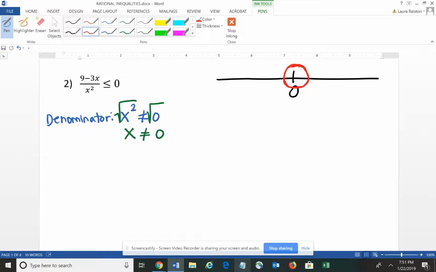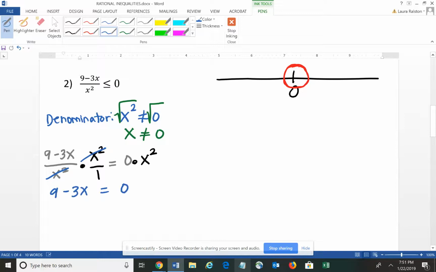Then I need to solve the original equation for x, and again, to accomplish that, I would have 9 minus 3x over x squared equals 0, and I'm going to multiply both sides by x squared. So I would have 9 minus 3x equals 0.